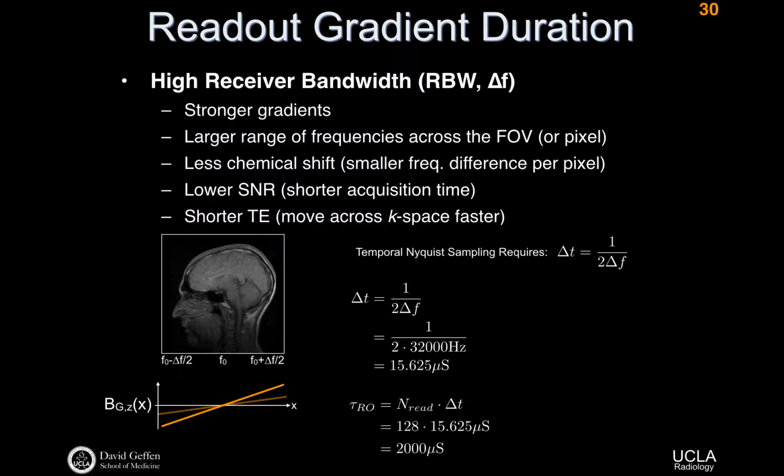There are different ways of specifying the receiver bandwidth, right? A lot of the scanner platforms actually refer to the receiver bandwidth as being plus minus 32 kilohertz. And so the total frequency range of plus minus 32 kilohertz is actually twice 32 kilohertz.